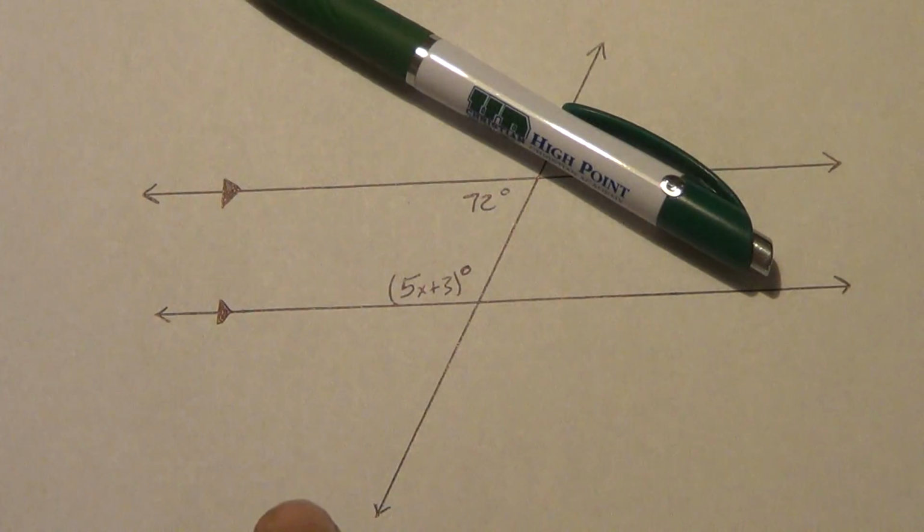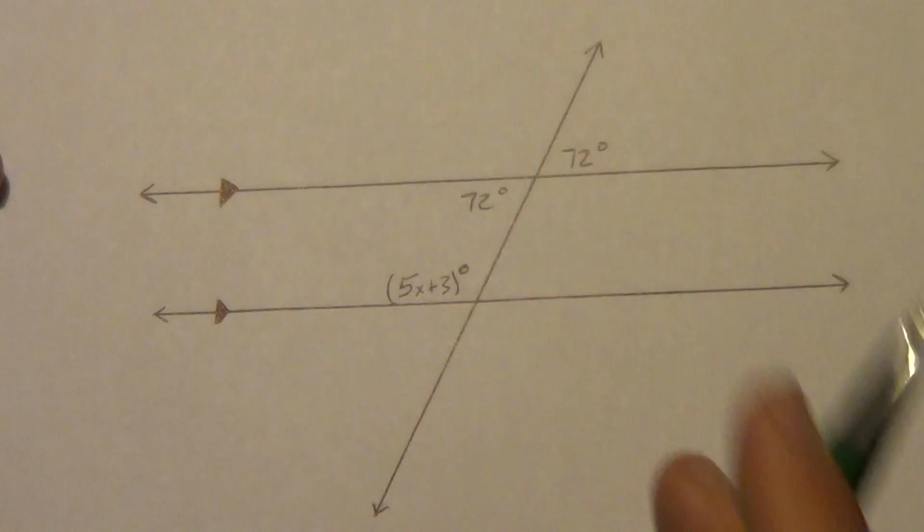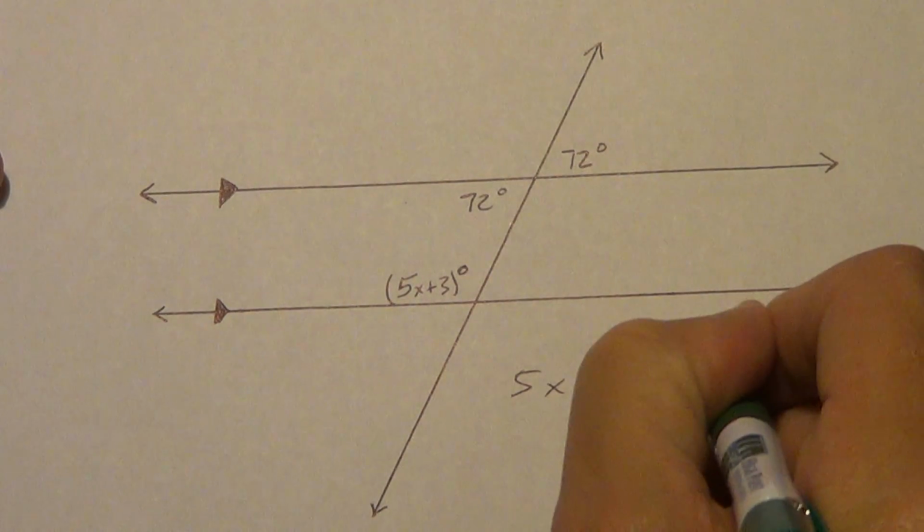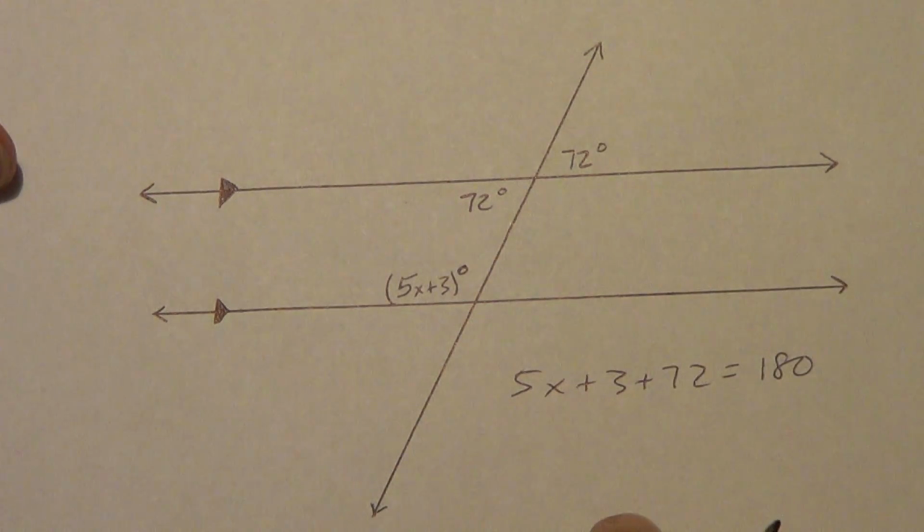So these two angles have to be supplementary, right? So what does supplementary mean again? It means they add to equal 180 degrees. So we can create an algebra problem out of this. Okay, so 5x plus 3 plus 72 equals 180 degrees.